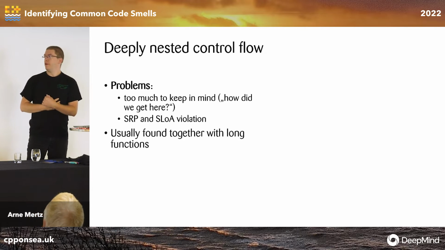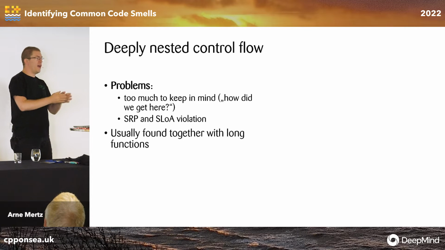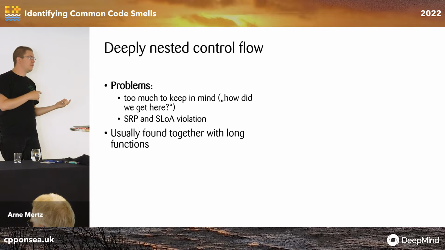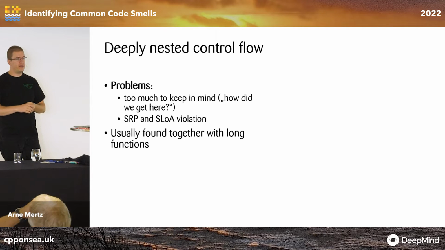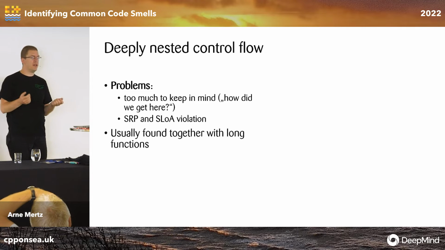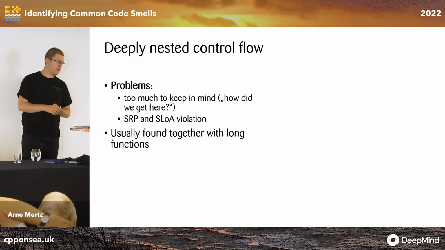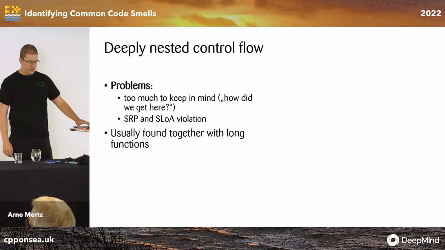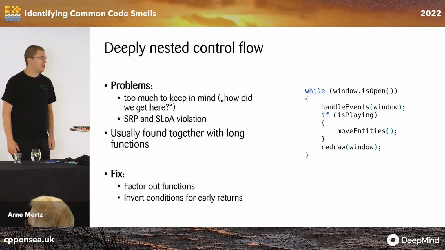And again, to actually have that many levels of control flow, we usually have a relatively lengthy function. And in this case, we most often have violations of single responsibility or single level of abstraction or both. So the fix is more or less the same as for the long function. We factor out a function.